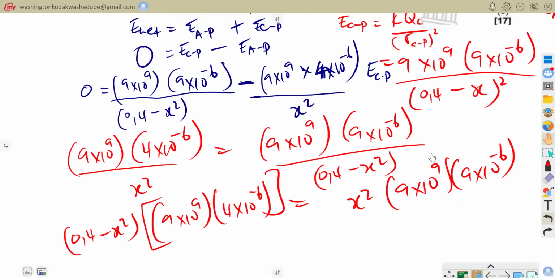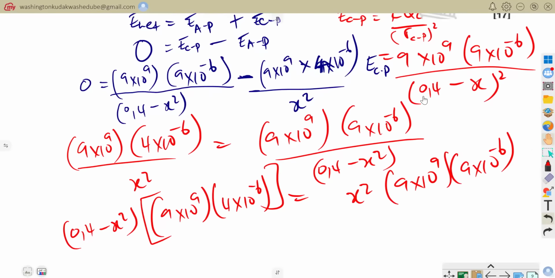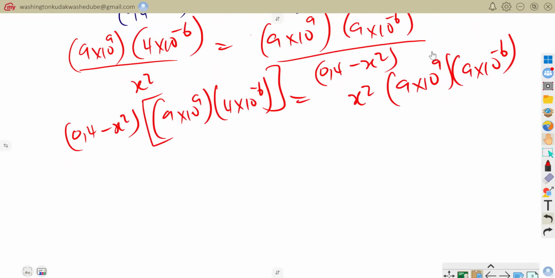So by doing that, if we make x the subject, the final value that I found for x is what? My x being equal to 0.16 meters.